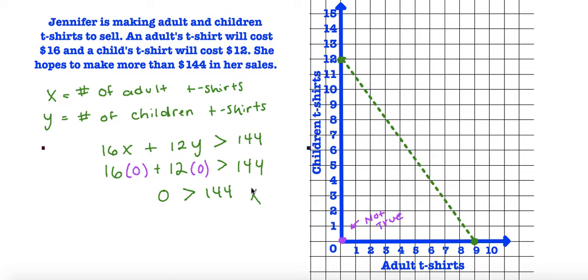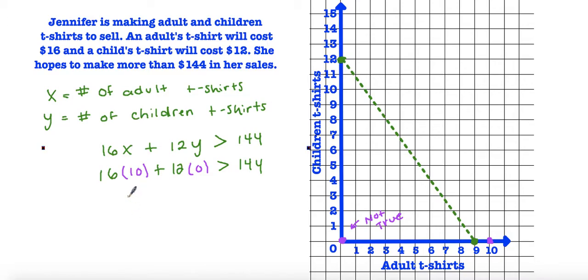So we're going to test out another coordinate on the opposite side of our line. We could test out any coordinate. I'm going to test out (10, 0) because that one is easy to work with. So we have 16 times 10 plus 12 times 0, and that should be greater than 144.